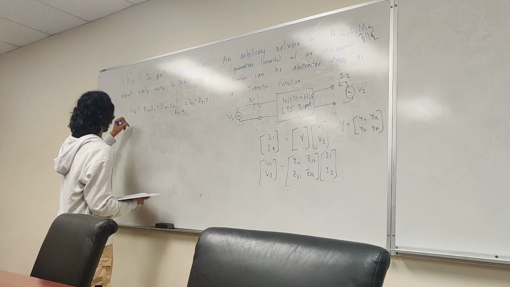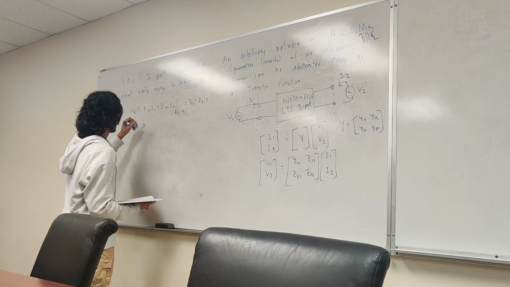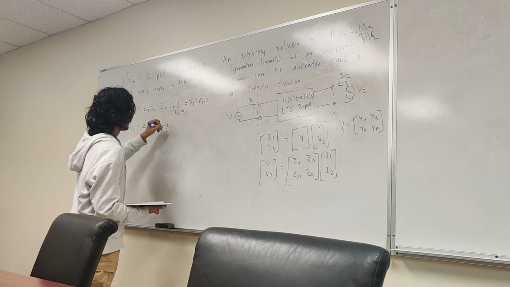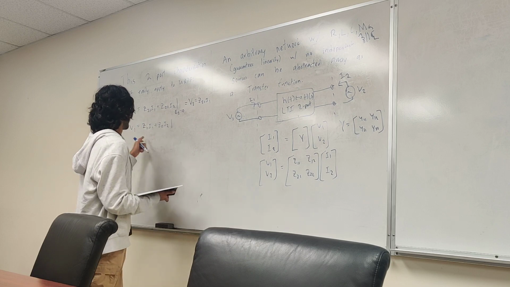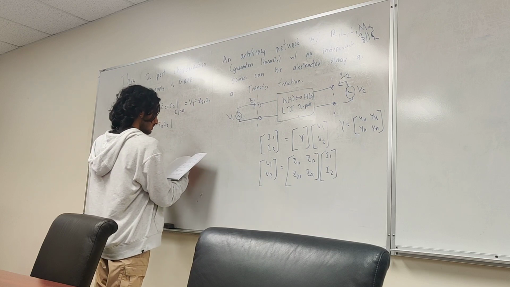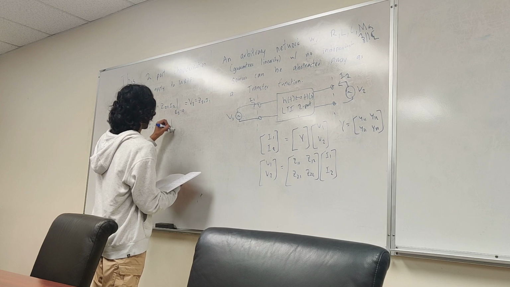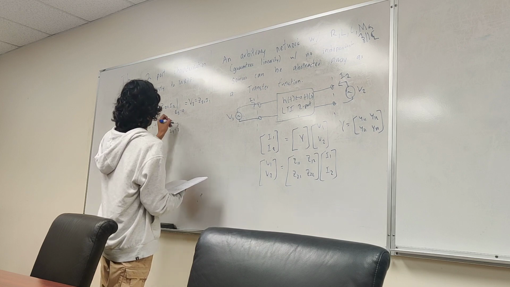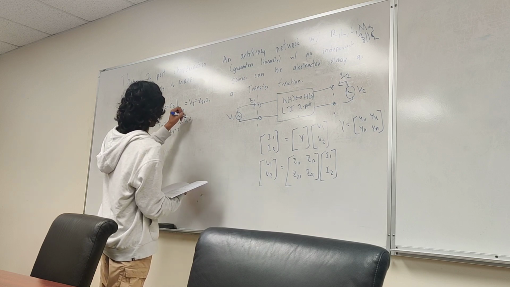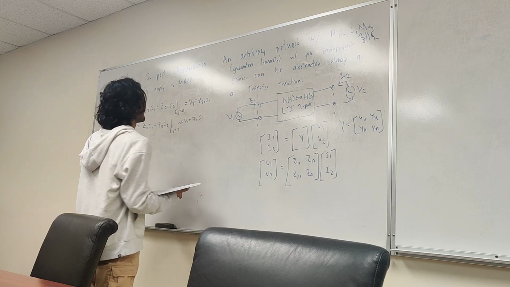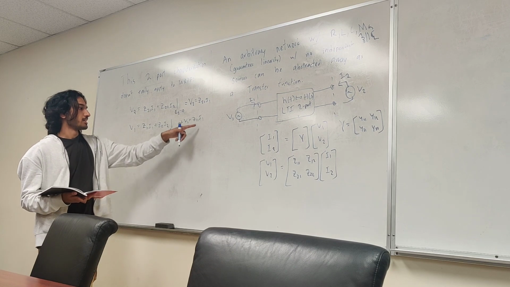Similarly, if we want to do V1, we can do Z11 I1 plus Z12 I2. And now we said I2 equal to 0 here. From before, we get that V1 is equal to Z11 I1. And now we see that we can solve for I1.